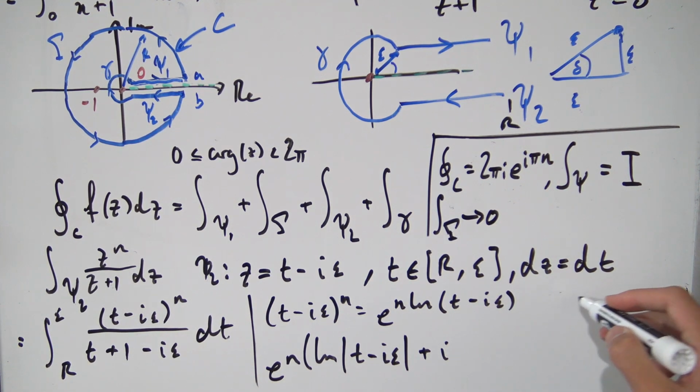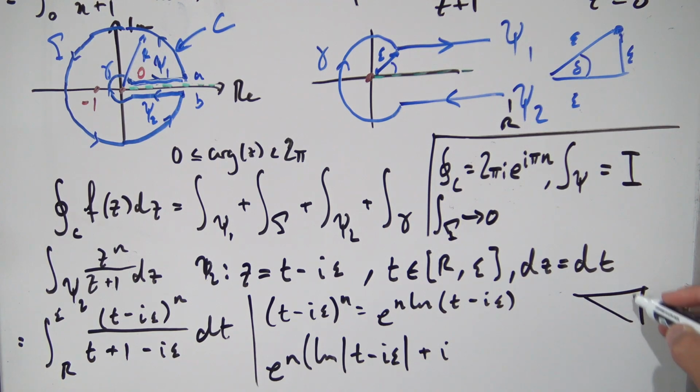Well, if you draw out a little triangle, the real part is just t by itself right here, and we have an imaginary part of negative I times epsilon. In order to find the argument, let's first find this angle right here, and that angle is the arctangent of opposite over adjacent.